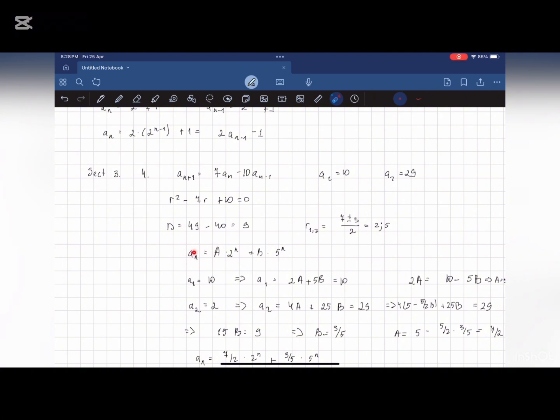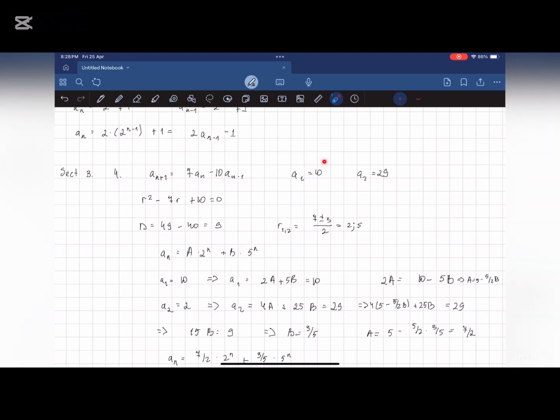Then we just take this formula, a n equals a multiplying by 2 in power of n plus b multiplying by 5 in power of n. So we use these two terms to define a and b. When a1 is equal to 10, we just take it and solve.